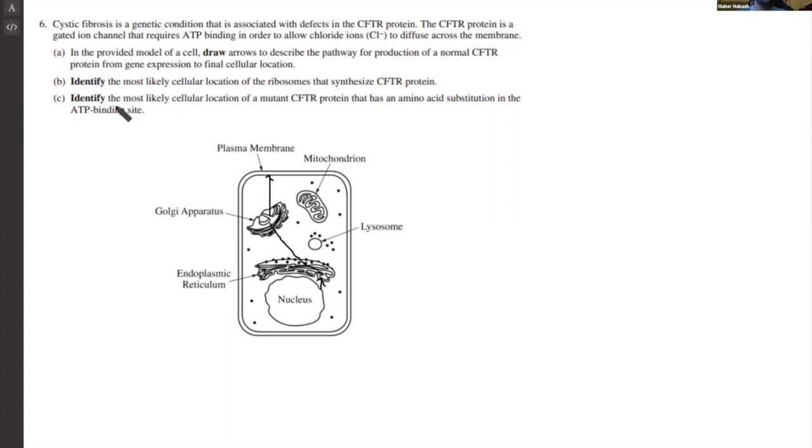Now this one's a little tricky. So think about this one. Identify the most likely cellular location of that protein. Okay, why do you guys think it's going to make it to the plasma membrane? If it has amino acid substitution in the ATP binding site.